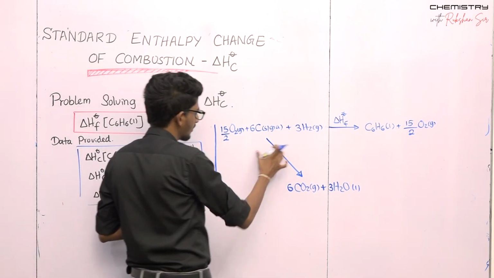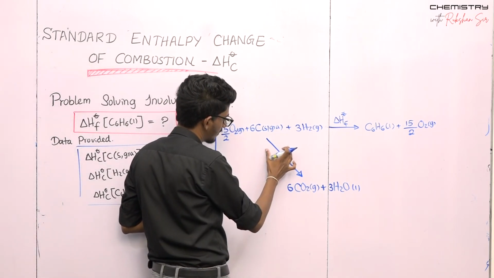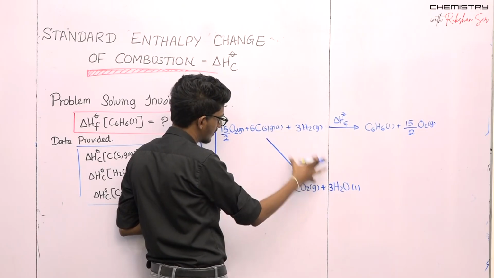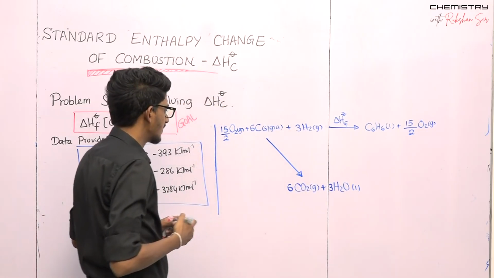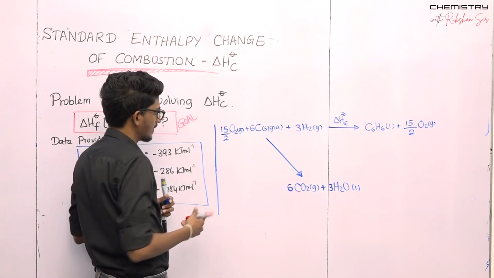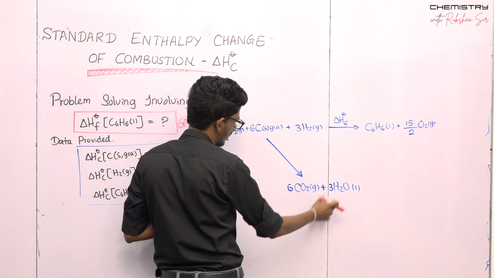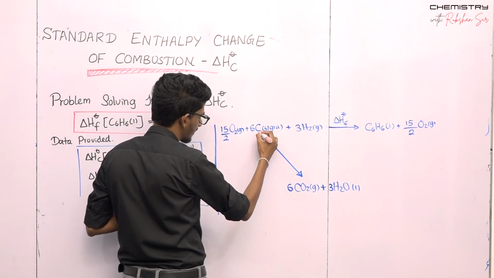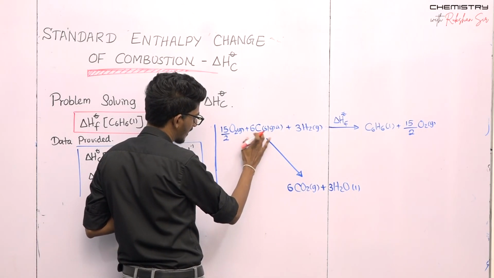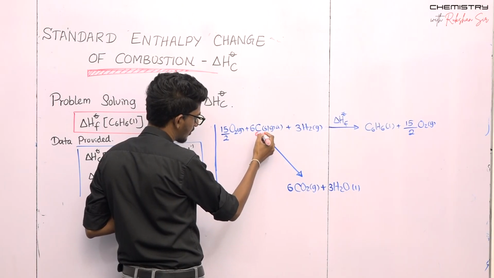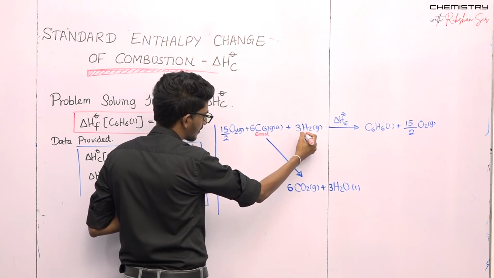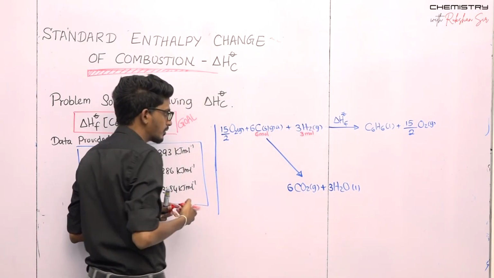Let's copy the values, the heat changes needed to convert this state of the system to this state. To come up with 6 CO2 and 3 H2O, you have to combust 6 moles of carbon solid graphite and 3 moles of H2 gas.